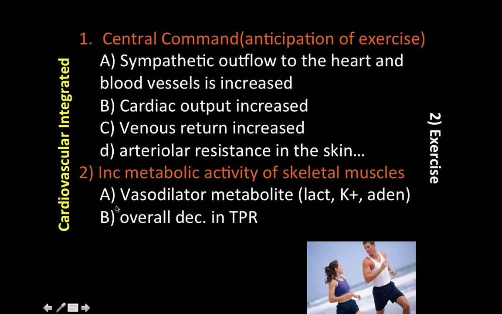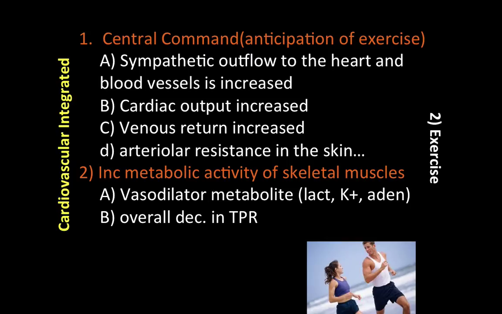The second and last point I want to talk about with exercise related to cardiovascular integration is increase in metabolic activity of skeletal muscles. Vasodilator metabolites, listed here such as lactate, potassium, and adenosine, accumulate because of increased metabolism of the exercising muscles.